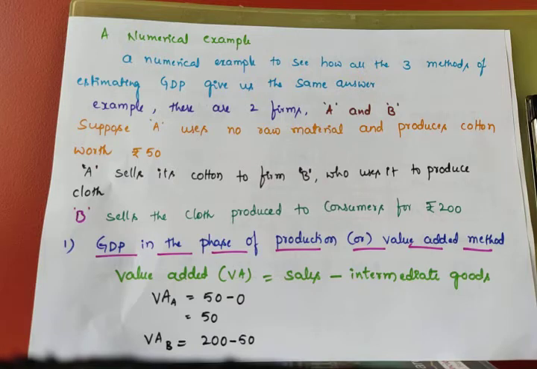For this they receive remuneration or rewards like rent, wages, interest and profit. That is called the income received by the households.